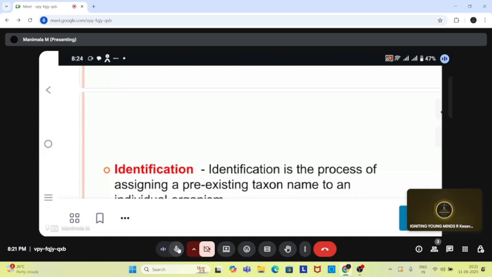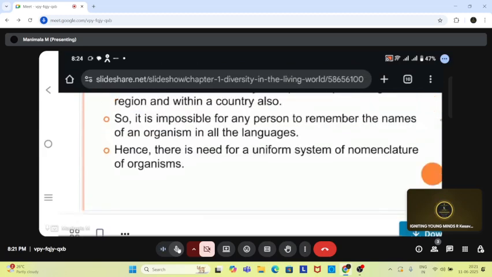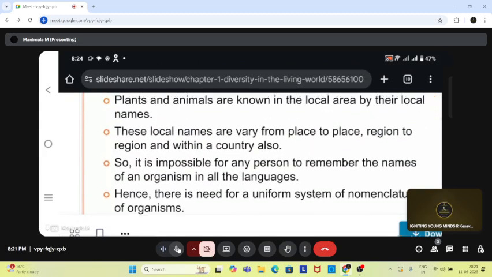Whenever I go to the park, they have written one common name and a botanical name, for example for the neem tree, they put the name and in brackets Azadirachta indica. Azadirachta indica will be known throughout the world, whereas the local name may be known only in some countries, and other countries may call it something else.